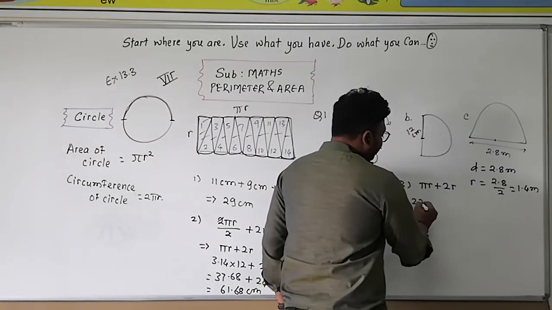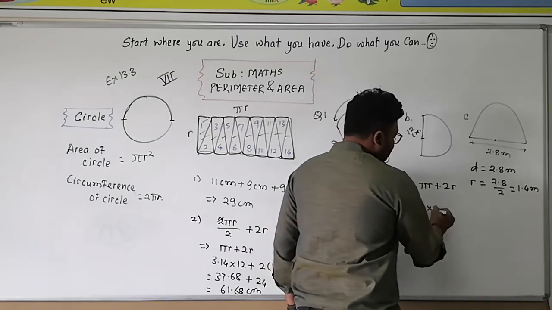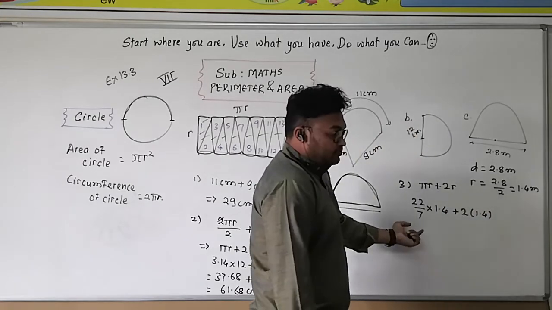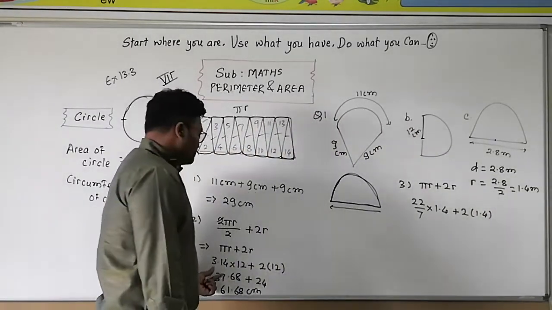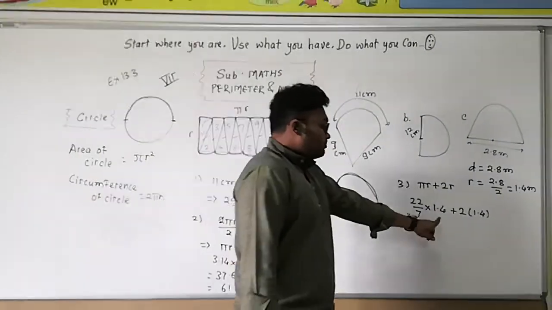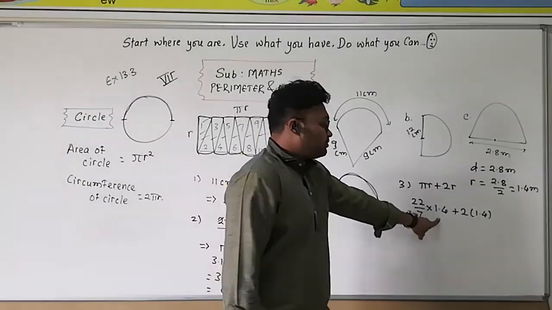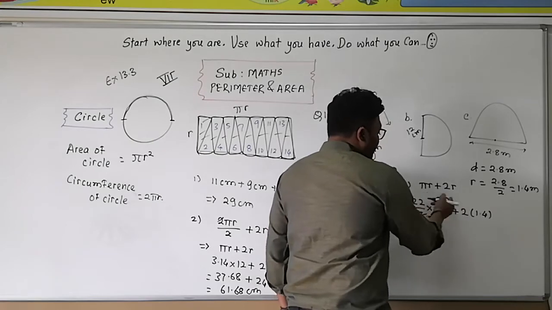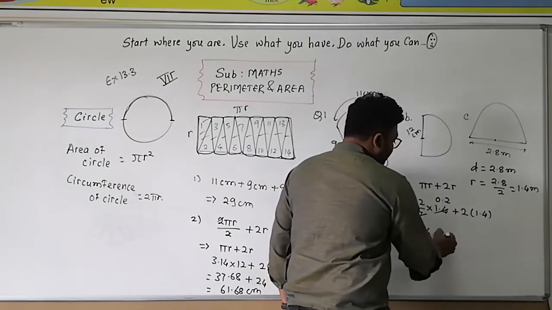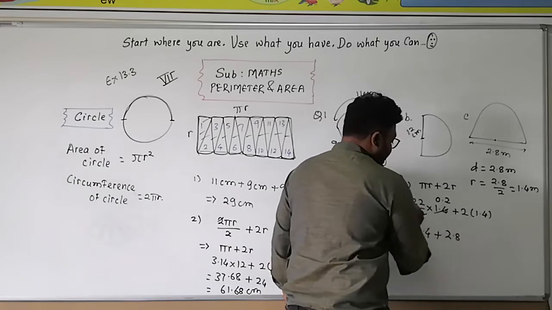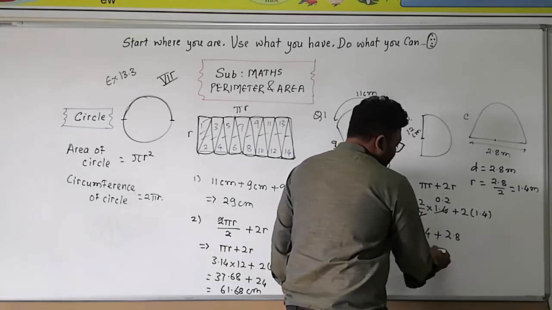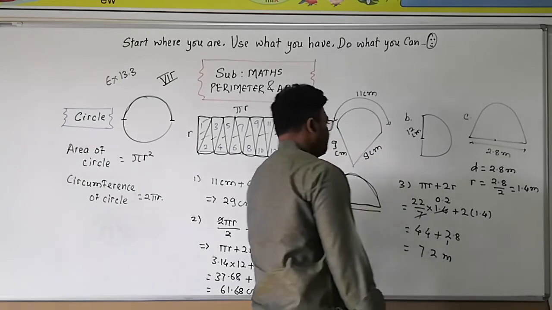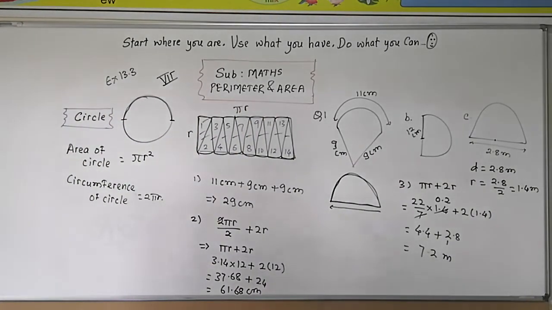So I take the value of pi as 22 by 7, into radius 1.4, plus 2 into 1.4. Now you can ask me why I am using 22 by 7 here and 3.14 there. Because this 1.4 is divisible by 7. So 7 into 0.2; 22 into 0.2 is 4.4, plus 2 into 1.4 is 2.8. 4 plus 8, 12, carry 1. 4 plus 2, 6, plus 1, 7. So 7.2 meters. Don't forget to write units.